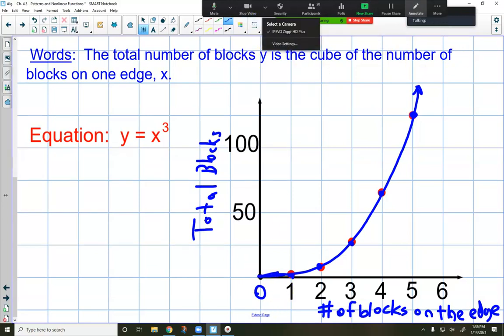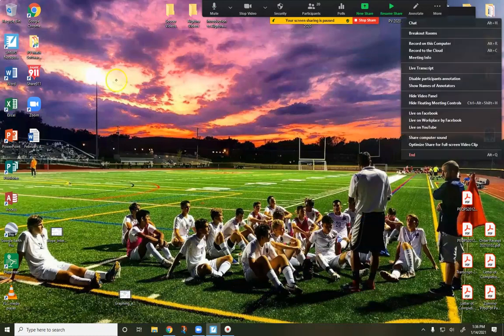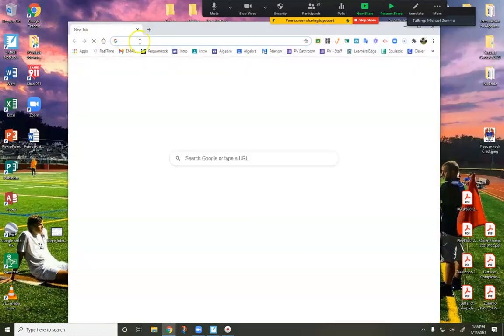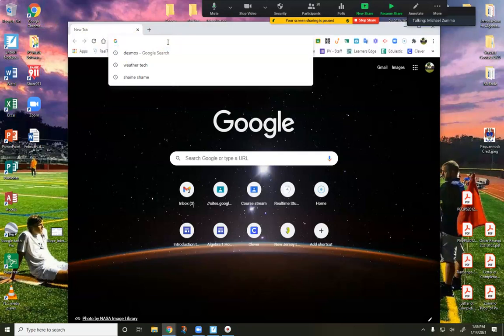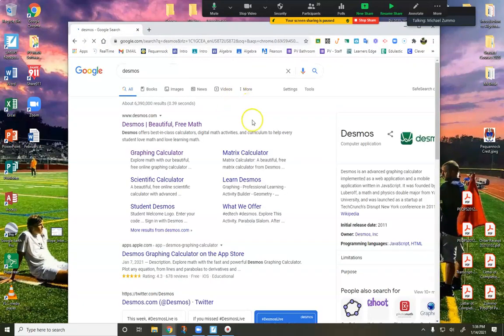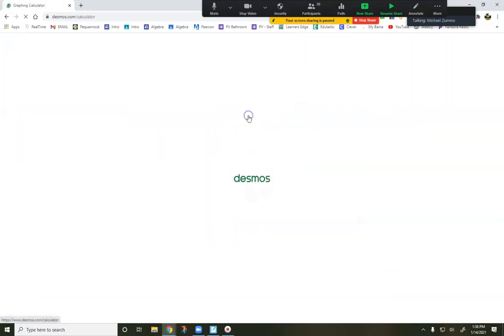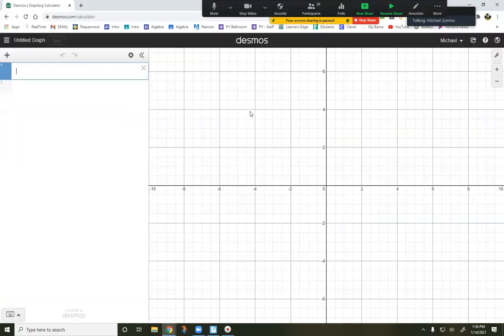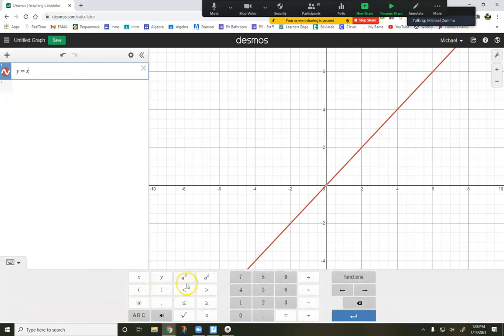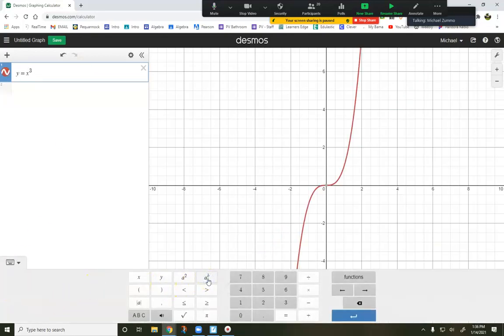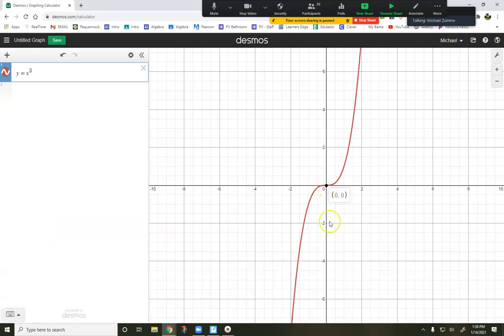It would be even more interesting to see what happens if we had negative numbers. Now, it's not possible in this real life situation to have negative numbers. But in a function rule of y equals x to the third power, and there we have it.